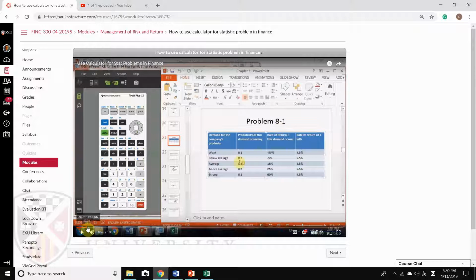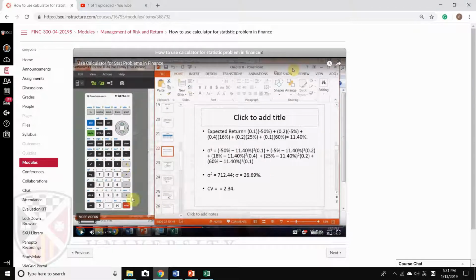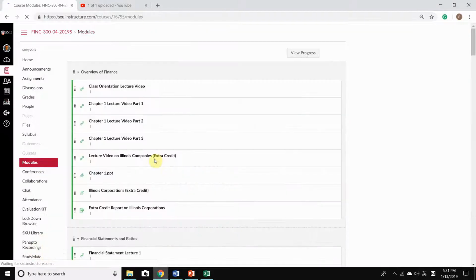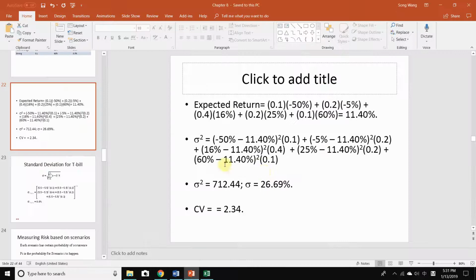Basically I teach you how to click the buttons and what function you should use. You should hit the stat button of your calculator, edit the columns with your numbers, and then perform the one variable statistic calculation. So make sure you go through this video on the module to get familiar with the process, how to get the standard deviation for this kind of problem set.